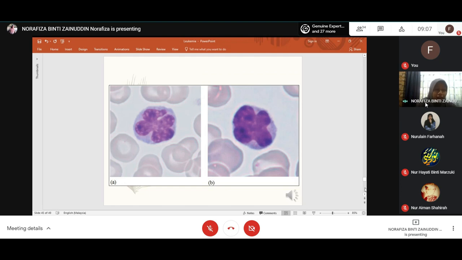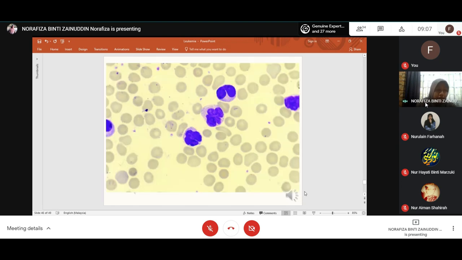You can see this lobulated clover leaf nucleus of typical ATLL, and this is also circulating lymphocytes in a patient with ATLL, again showing polylobated nucleus.